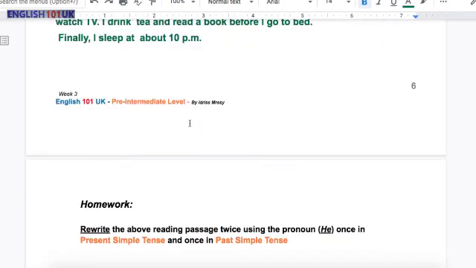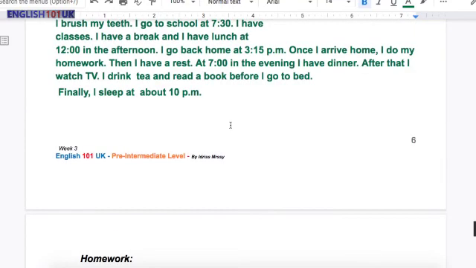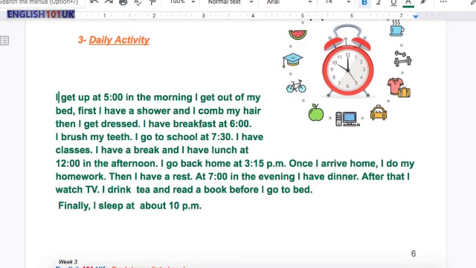Using the pronoun he once in present simple tense, and rewrite it again for the second time in past simple tense. So write this reading 2 times, one in present simple with the pronoun he, and again for the second time in the past simple tense with the pronoun he.